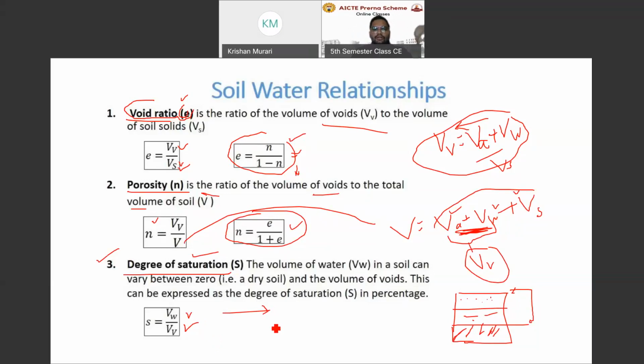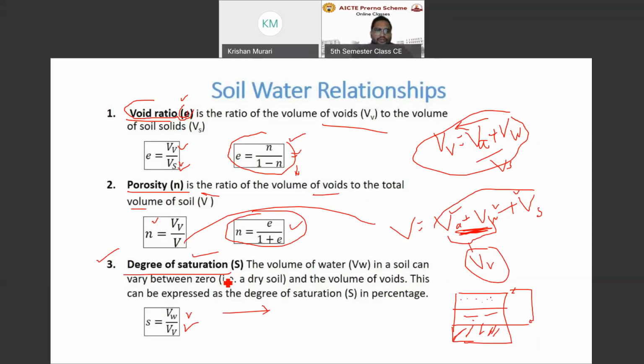If the saturation level is 100%, the voids are filled by water. If the saturation level is zero, what does that mean? It means the water in the voids is zero, so the soil is dry.